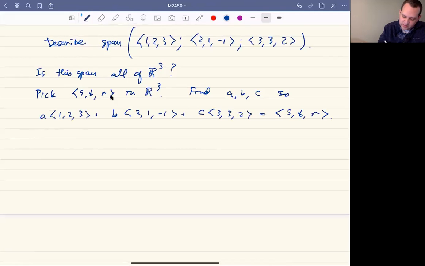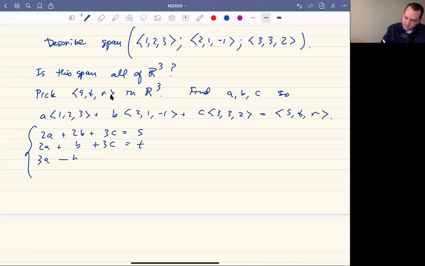So this ends up giving us the equations. We have the system 2A plus 2B plus 3C equals S, 2A plus B plus 3C equals T, and 3A minus B plus 2C equals R. There are a few different ways that we can go ahead and solve the system or try to.